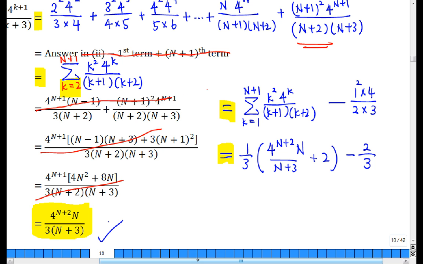Plus 2/3 minus 2/3, you get this answer. Okay? So remember, I just cancel away those things, cancel out, don't bother. Just use this method.